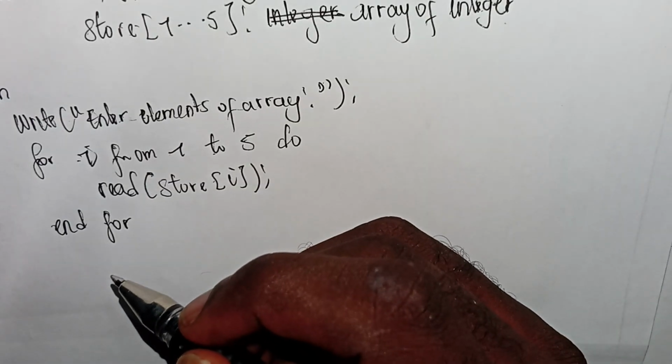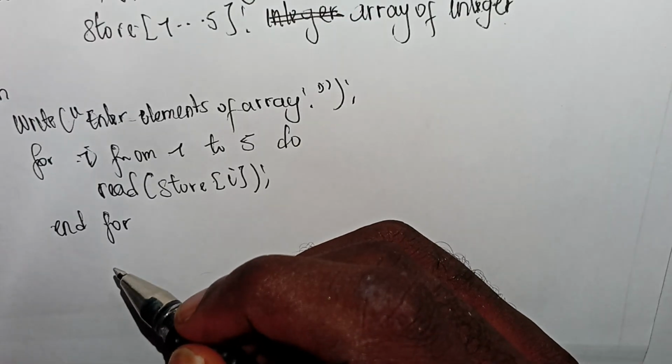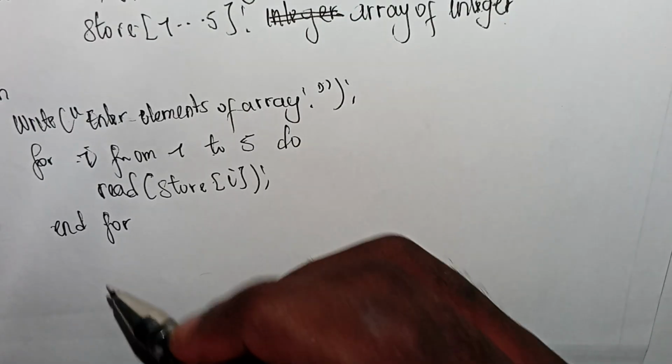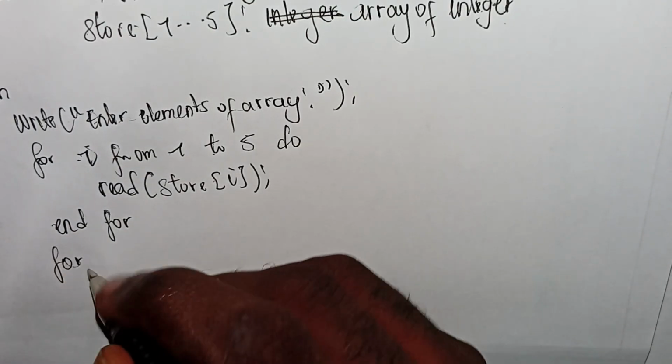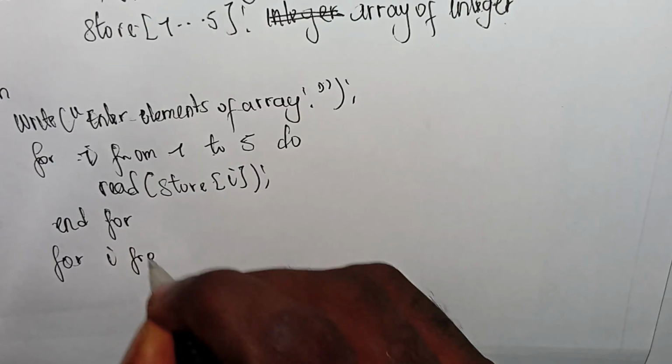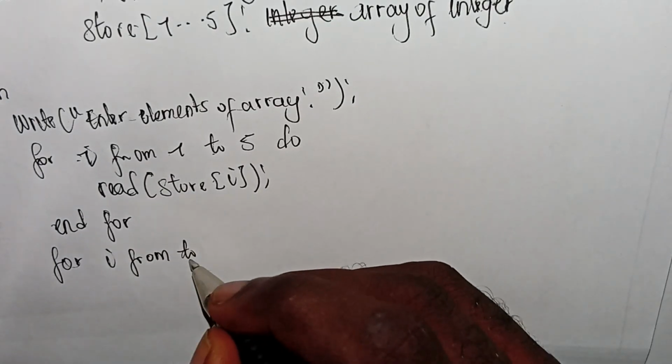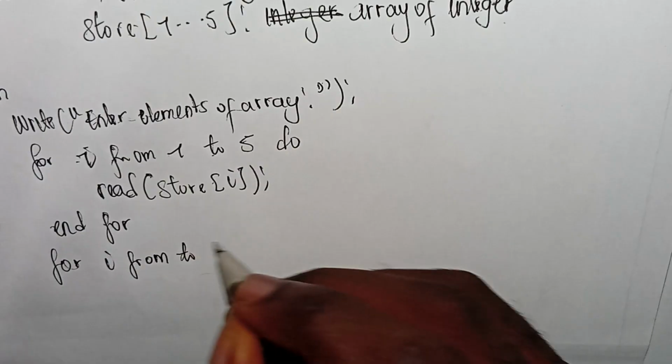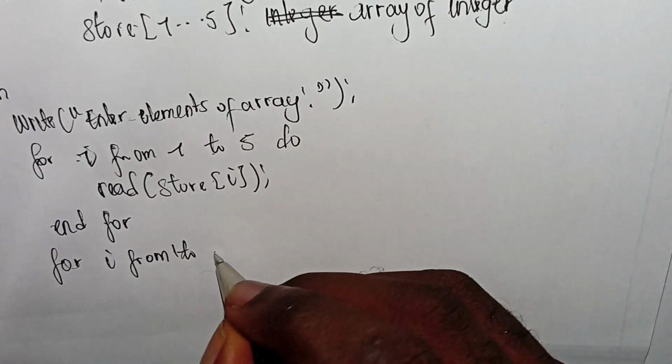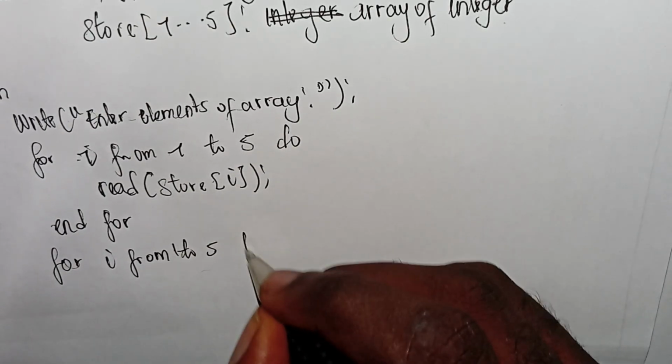Now the exciting part begins. Now we want to compare the elements for I from 1 to 5 do.